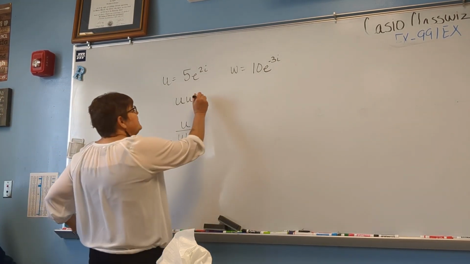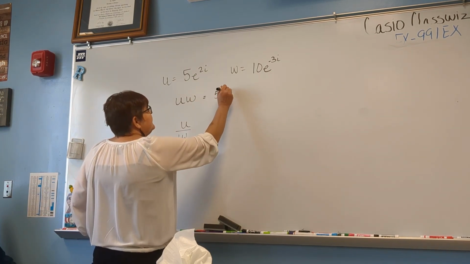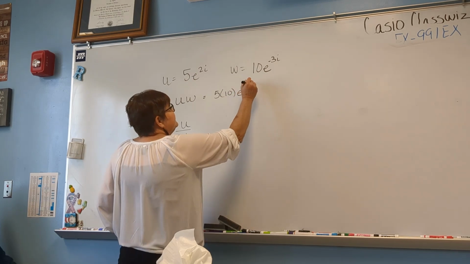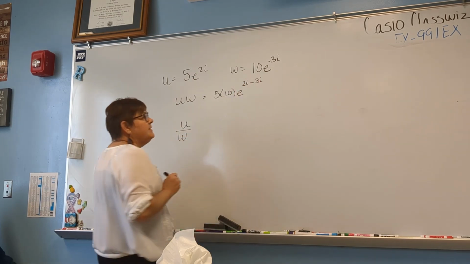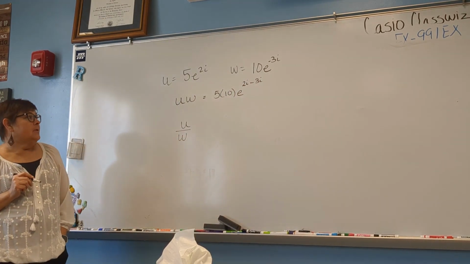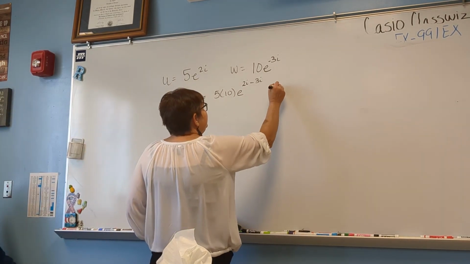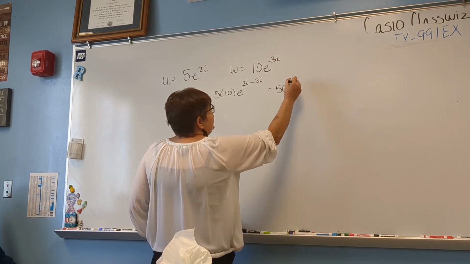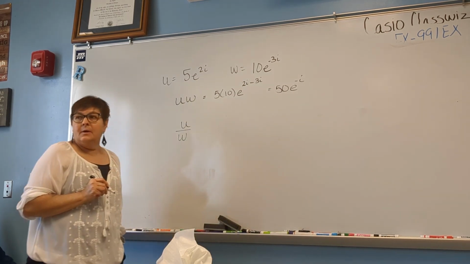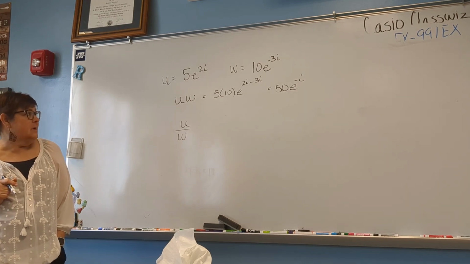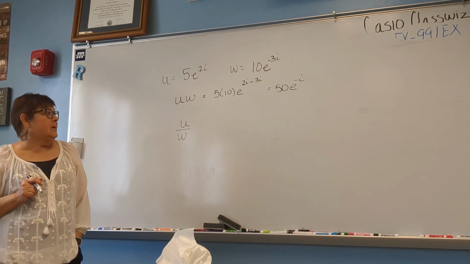So really, this is going to be 5 times 10 e to the, and then we're going to add, so plus a negative 3i. So this particular one is going to be 50, and then e to the negative i. Are we okay with that? It's just basic multiplication of something with an exponent.